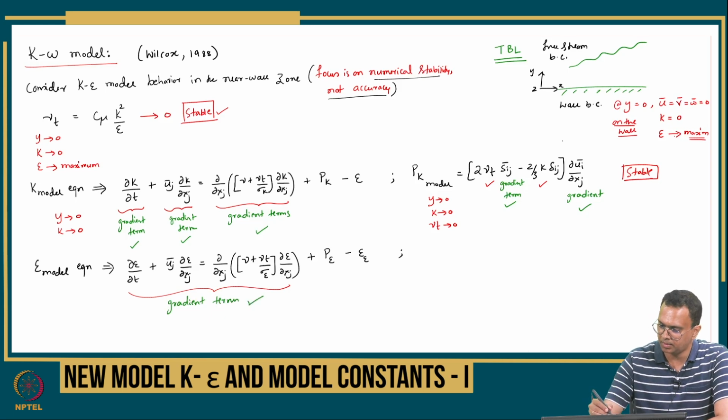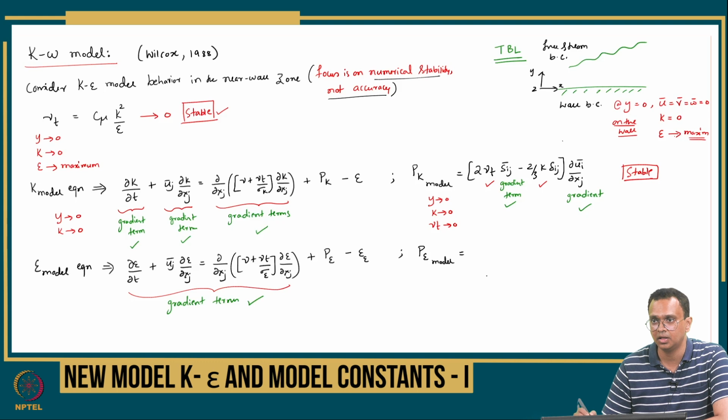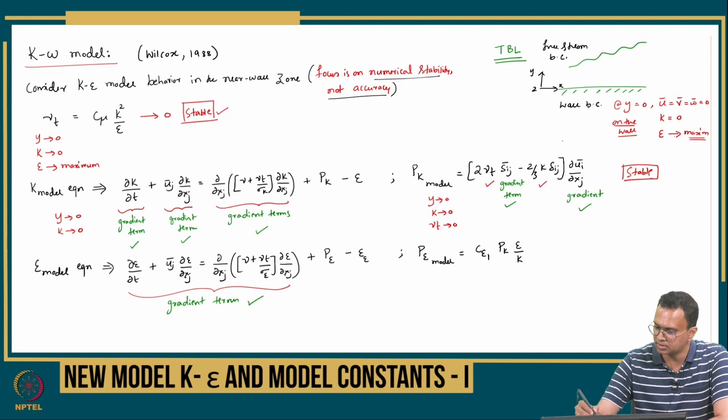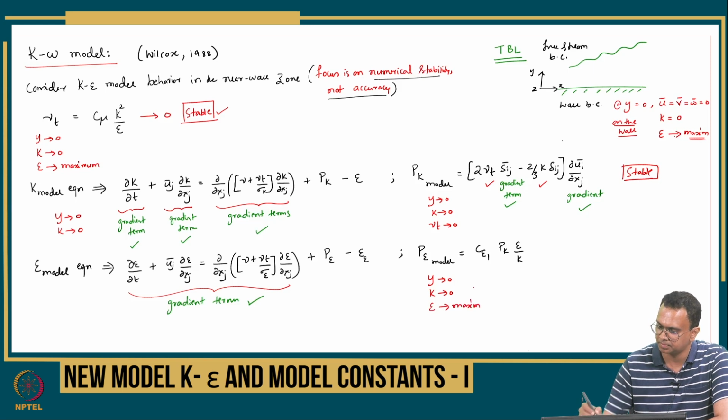Okay, so we'll see what happens to this Pε, how we modeled this. Pε essentially depends on the production rate, followed by a time scale, right? So the Pε model is nothing but Cε1 Pk ε by k. Now if I just look at this, and of course as I said, y tends to 0, k tends to 0, epsilon should go to maximum.